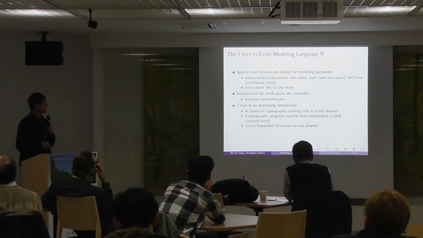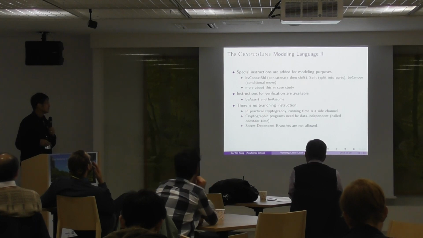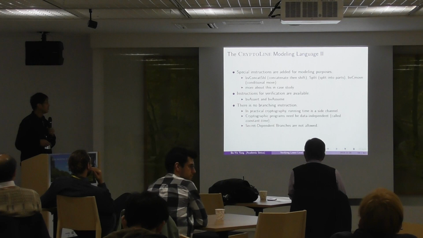There are special instructions that we add for model purposes. So this one is called BB concat shift left, this one is a split, and this is a conditional move.